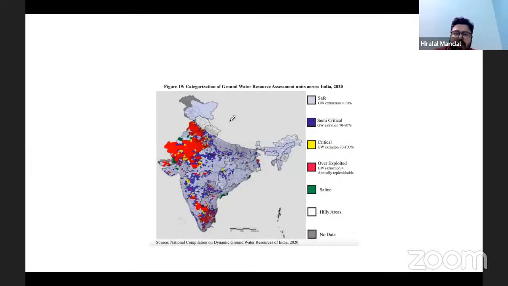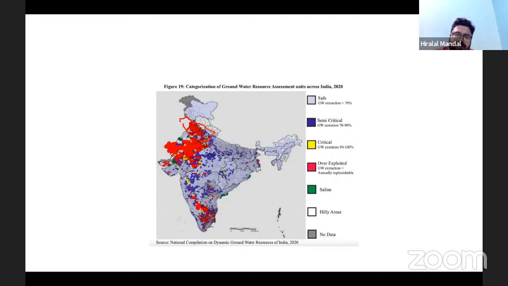If you look at the status of India and some of the states where groundwater extraction is very high, it is of course Punjab, Haryana, and Rajasthan. In Rajasthan, since the availability is low, the extraction is very high.